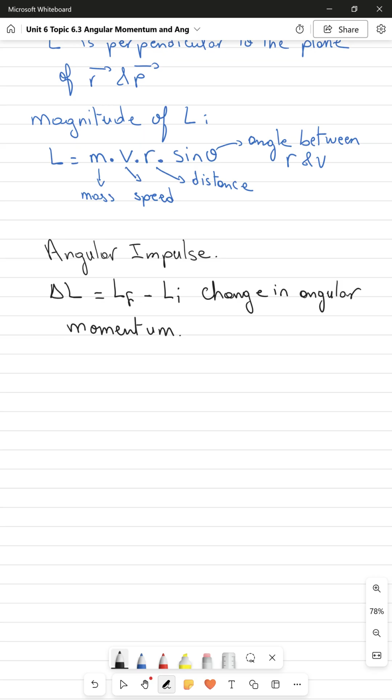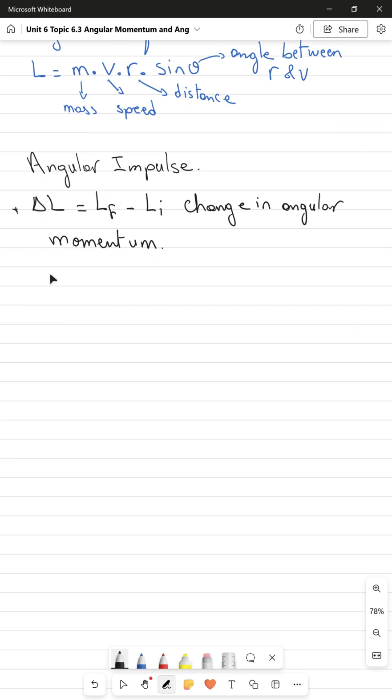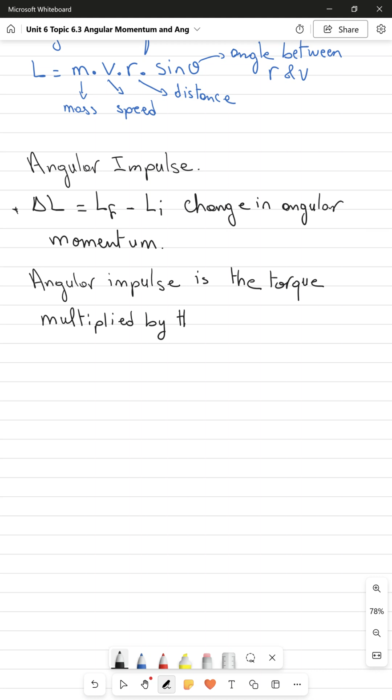Now we have the angular impulse. Angular impulse by definition is the torque multiplied by the time interval.